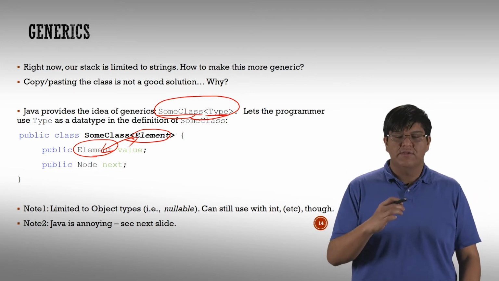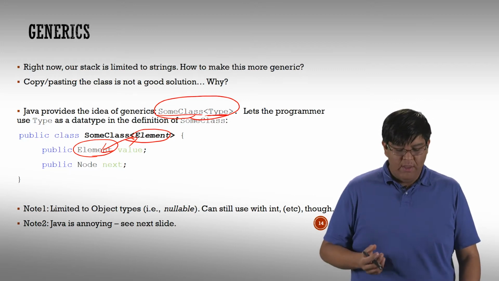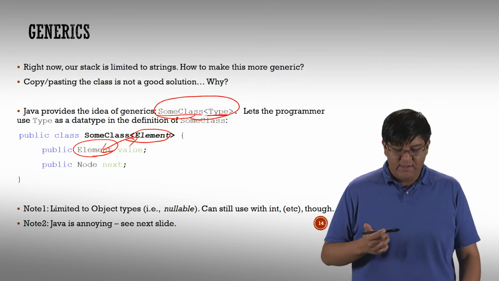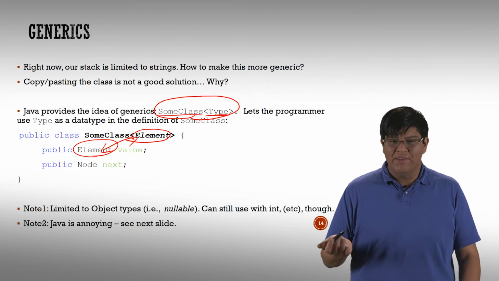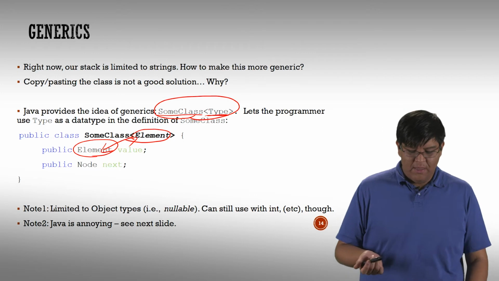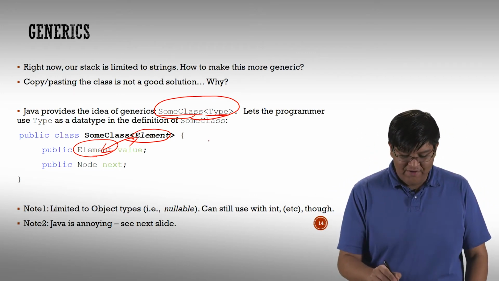When I use a generic word inside of a class, it's effectively a placeholder. It's me saying, this class is going to use this type called element, but I don't know exactly what it's going to be. Maybe a little more code over here. Let's say we were trying to create an instance of this class.